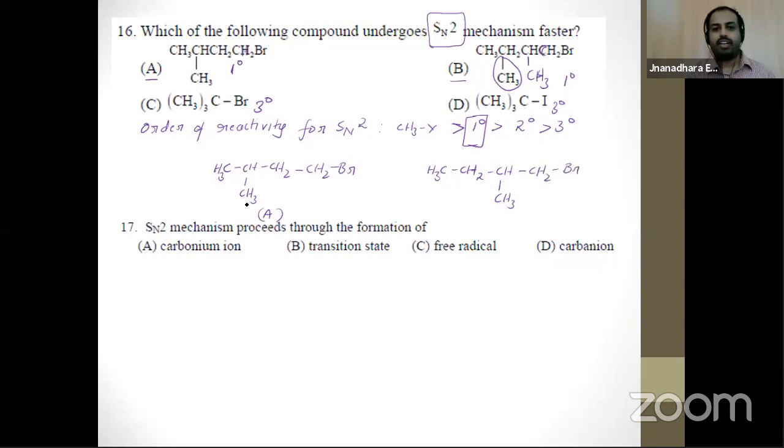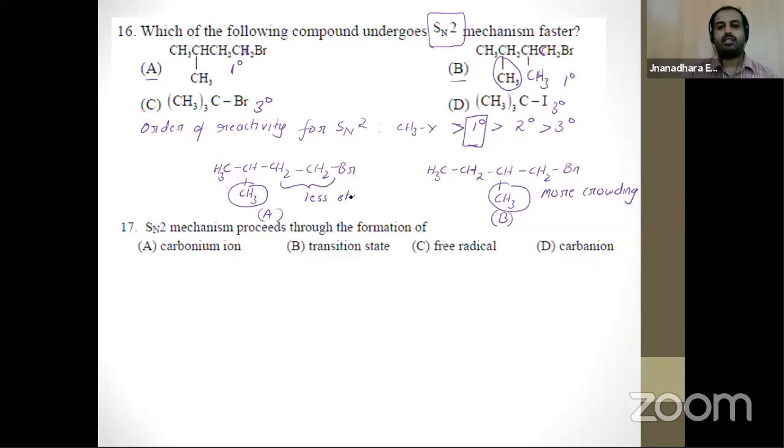Now please observe, this methyl group is a big obstruction. It occupies space, it offers hindrance or obstruction. Now, in which case CH3 is closer to the carbon having bromine? In option B. Here, therefore, because of the CH3, there is more crowding or hindrance. Whereas here in option A, the obstruction is less.